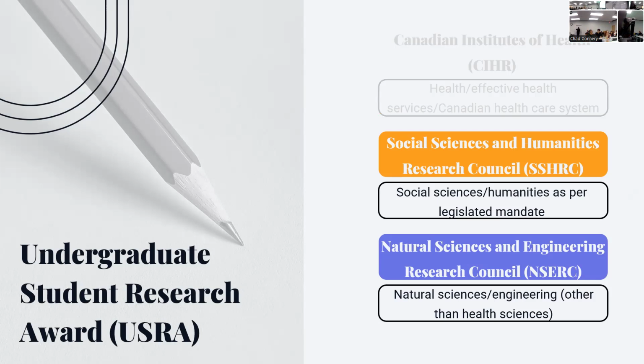So realistically, the 2 that we could probably focus on as a faculty would be the social sciences and humanities research, SSHRC, or NSERC, which is the Natural Sciences and Engineering Research award. These ones are government funded, and they are subject to certain mandates and specifications. So it really does depend on the topic, and on what is relevant according to the people who vet these awards.